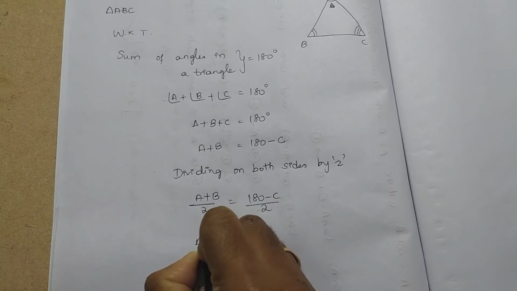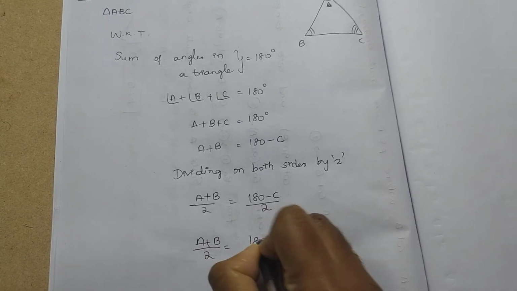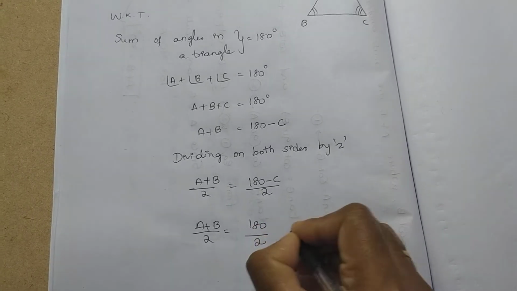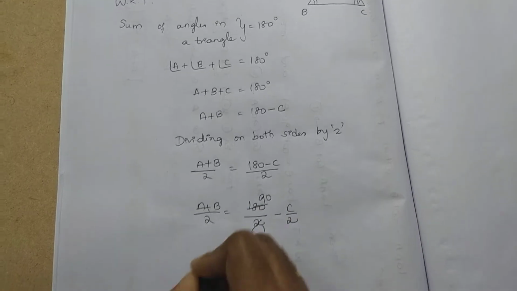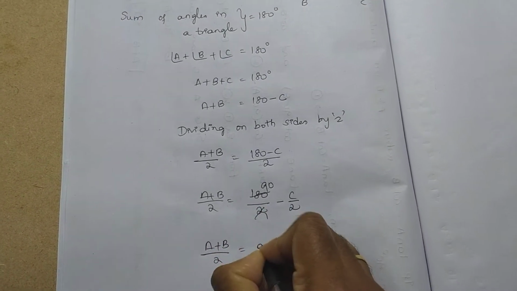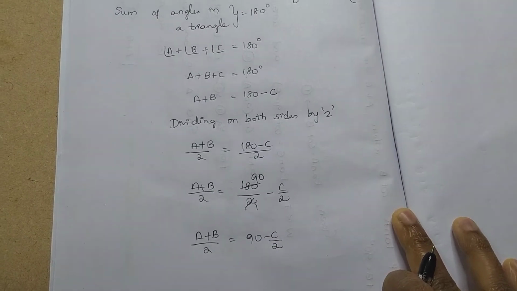On the right hand side we can separate this into two terms, so 180 by 2 minus C by 2. 180 by 2 is 90. So (A plus B) by 2 equals 90 minus C by 2. Till now it's clear, right?